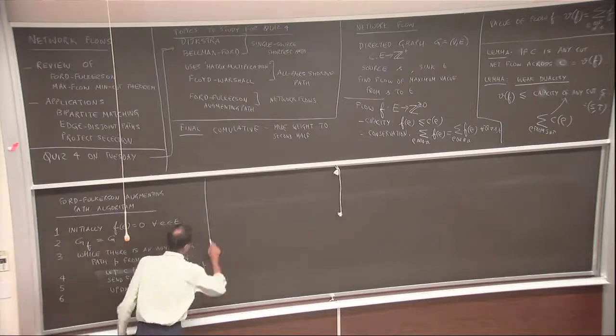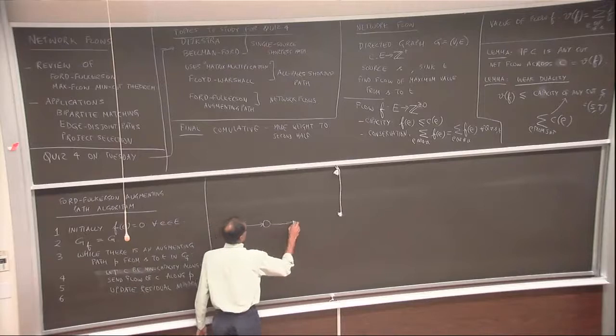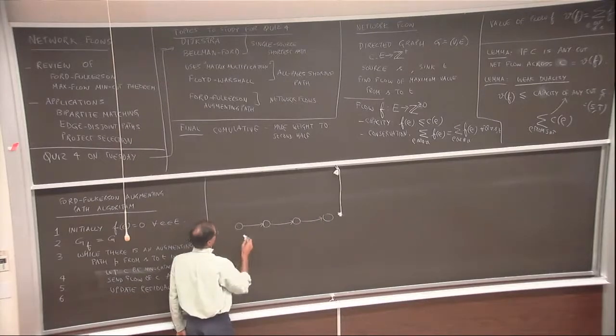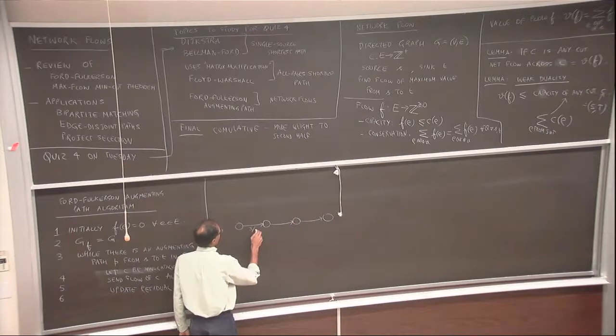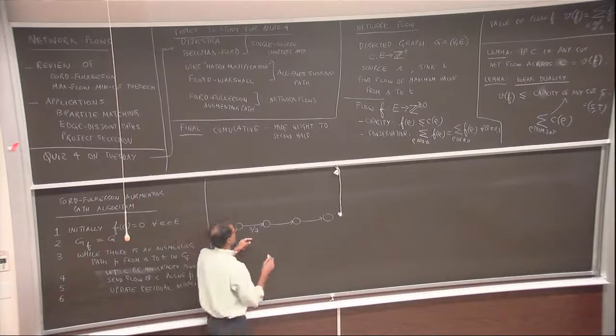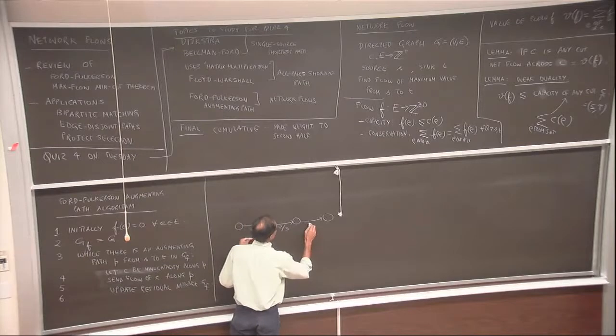Okay? So recall what happens when, let's say you identify this path. Let's say you were sending 3 units of flow out of a capacity of 7, and you are sending 2 units of flow out of a capacity of 3, and 1 unit of flow.